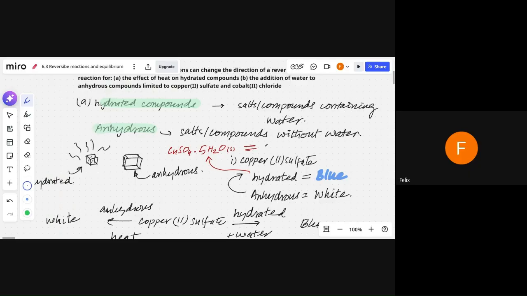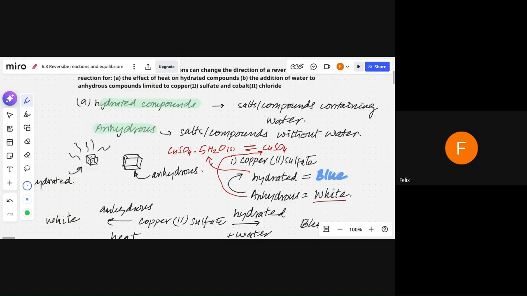This is the hydrated form, and it will have a blue color, right? When it is heated, it will be without water, because water evaporates and leaves only the salt behind. And this is the formula of anhydrous copper sulfate, which will have a white color, right? Okay, so I hope this is clear.